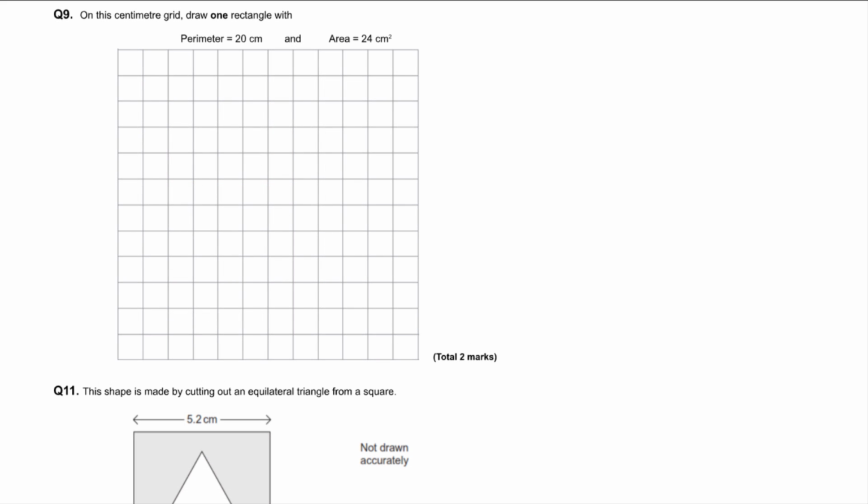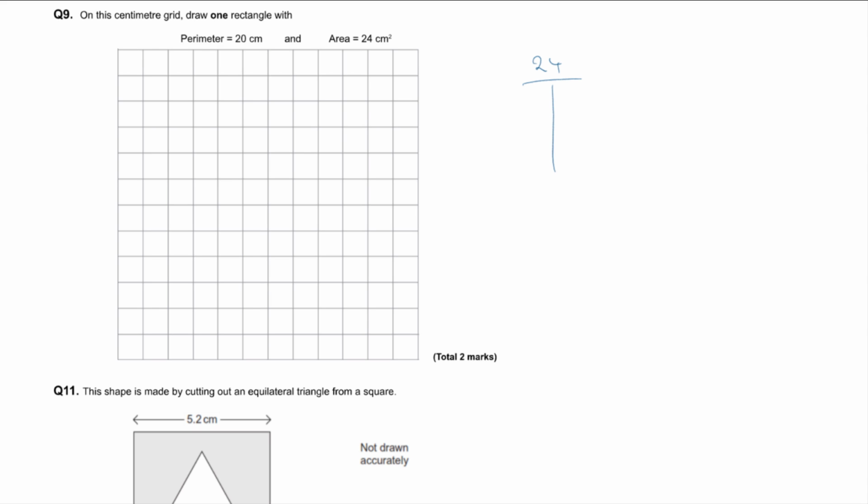Question 9. On the centimeter grid, draw one rectangle with a perimeter of 20 and an area of 24. Now, if you think about it, area you get by multiplying the length and the width together. So if I've got 24, then if I find the factor pairs of 24, my sides of my rectangle must be a factor pair of this number.